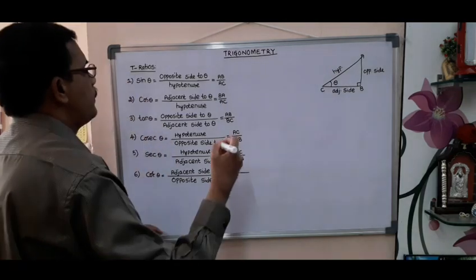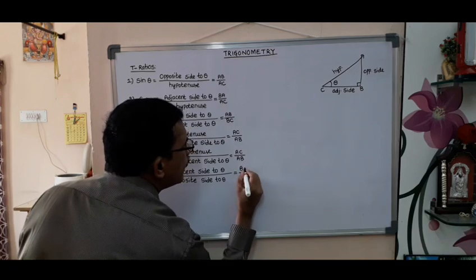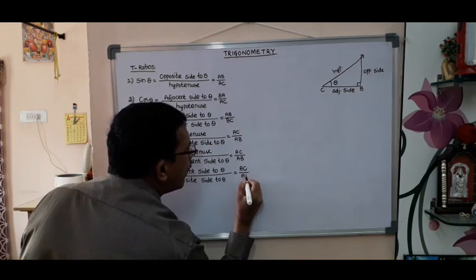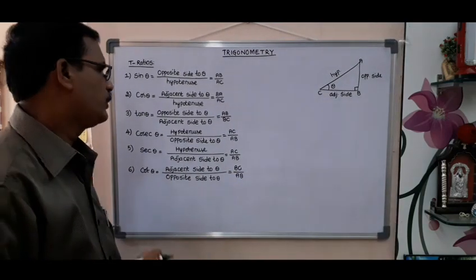That is equal to BC by AB. These are the 6 trigonometric ratios.